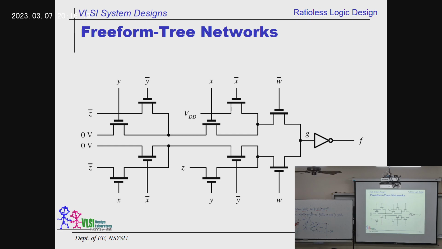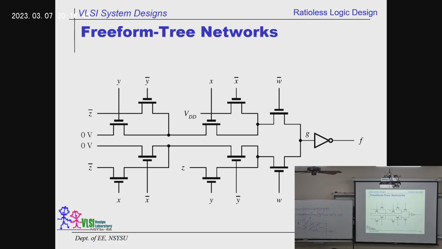So that's why it's called a free-form network implementation. This is the easiest, most straightforward one. However, the number of transistors is bigger. The other one is more neat, more compact. That's the difference.